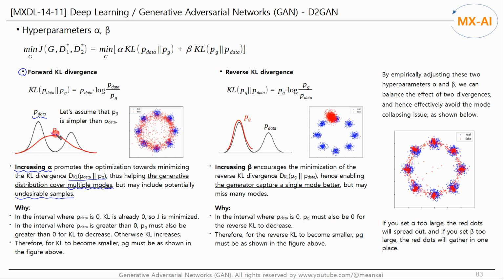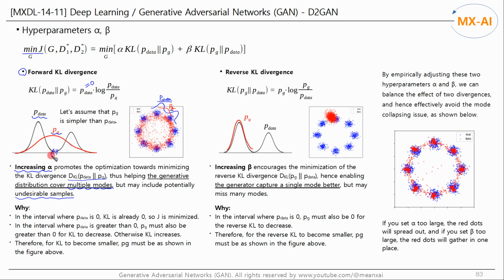Let's assume that the two distributions PG and Pdata are as follows. Let's say that in this figure, the blue dots come from the distribution Pdata, and the red dots come from the distribution PG. And let's assume that PG is simpler than Pdata. In the interval where Pdata is 0, KL is already 0, so J is already minimized.